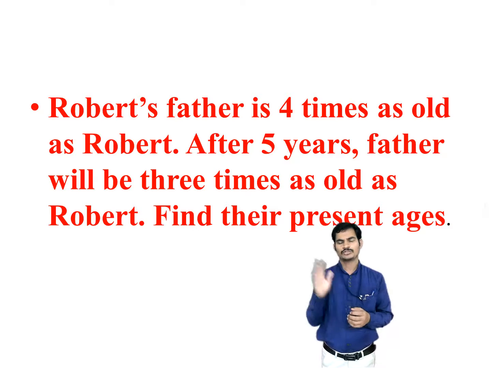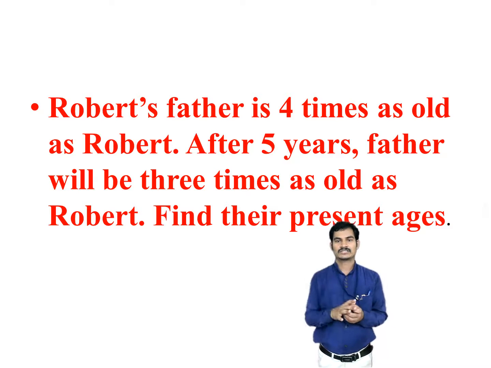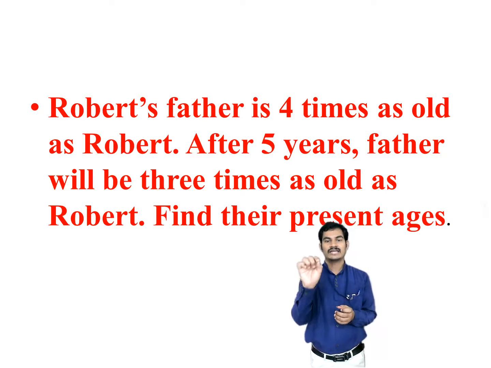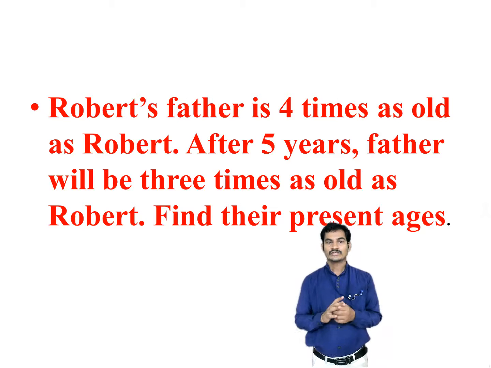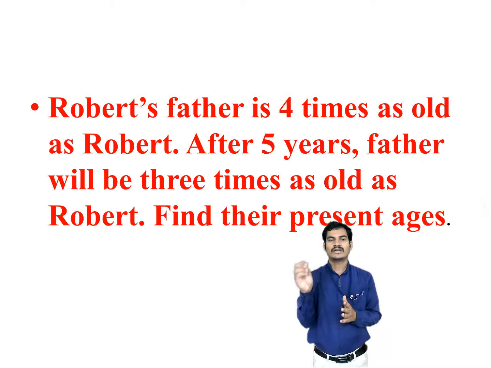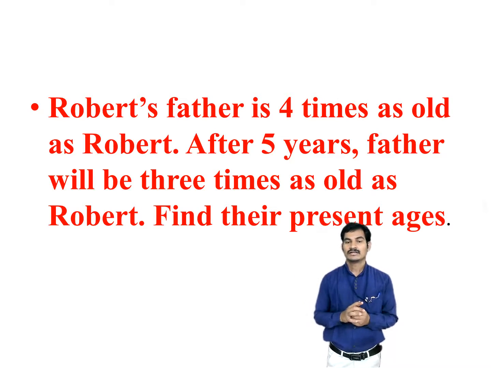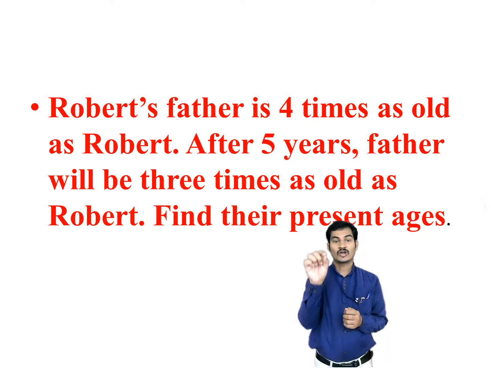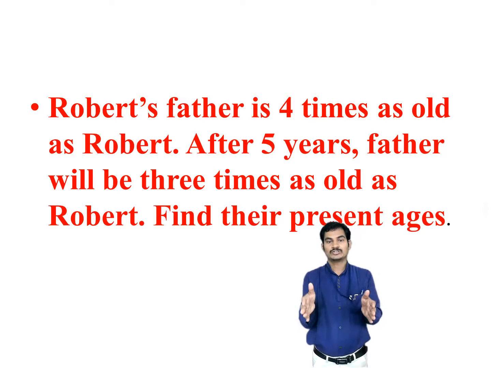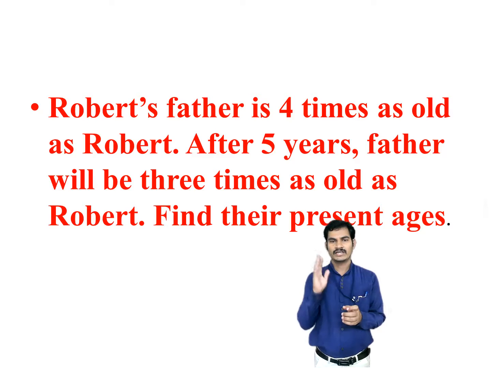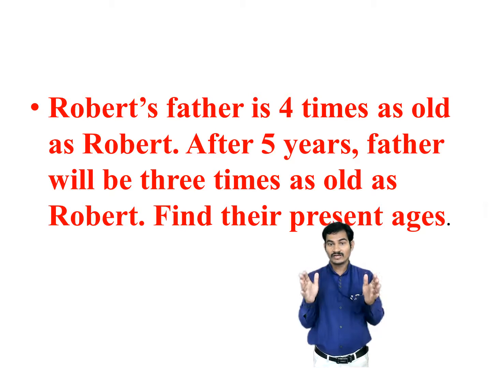So in every question, for that which is independent, we can take the help of a variable. So here the independent age is Robert's age. So we can take X as the present age of Robert. Not only in this question, in every word problem, first of all, we have to identify which is dependent and which is independent.